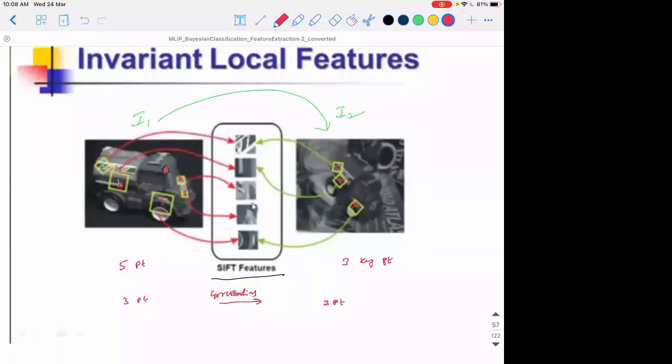Whether point 2 in the first image I1 and some other point, say point 1 in I2, will they match or not? Does point 1 in I1 and point 2 in I2 correspond to the same object location?